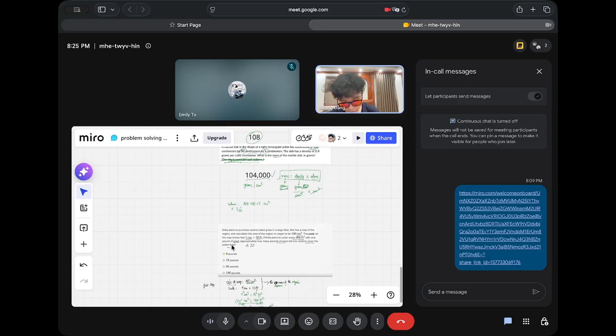So what we need to do next: every 400 feet square needs 1 pound of seed, right? So we just need to divide the whole area by 400 feet square.